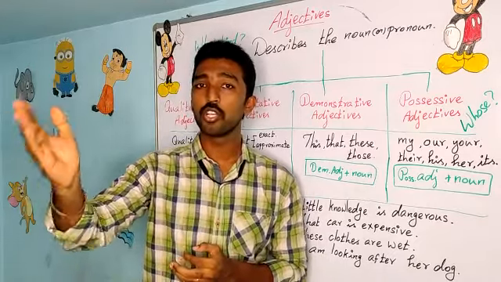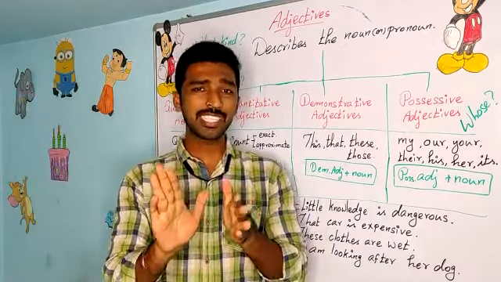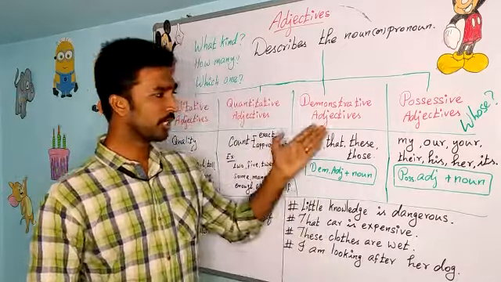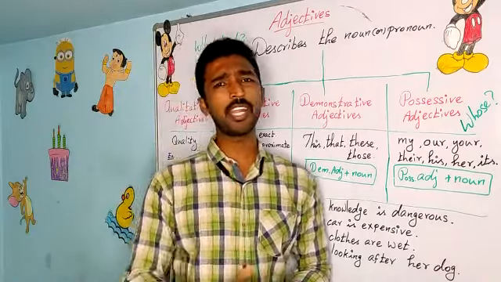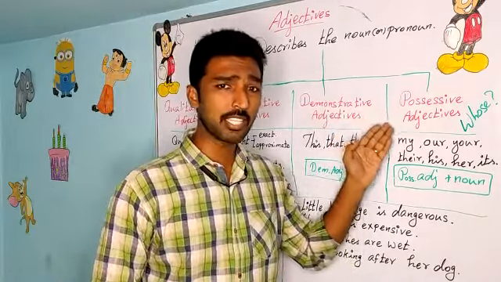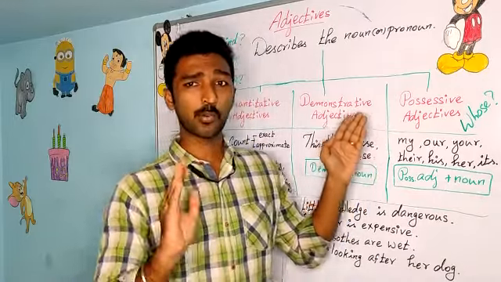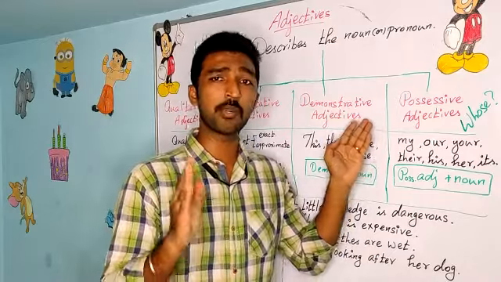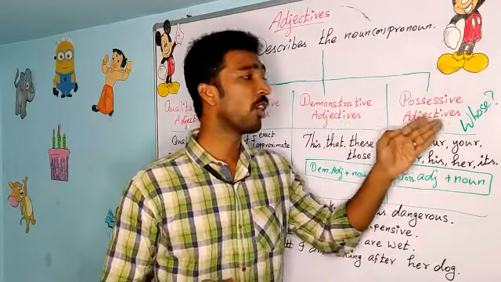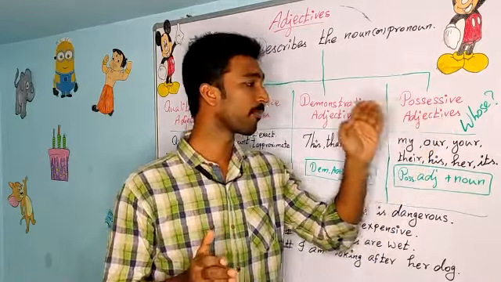Those notebooks belong to class 5. These kinds of adjectives are called demonstrative adjectives. And the final thing in our list is possessive adjectives. Possessive adjectives reveal the owner of that object. The question we have to ask to find a possessive adjective is whose? Whose pen? Whose bike?